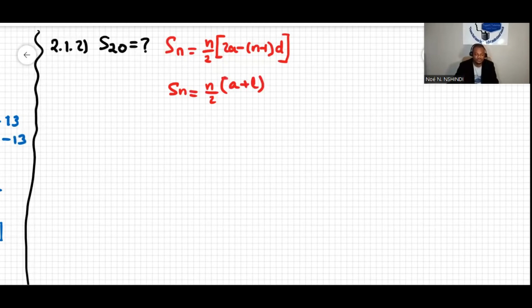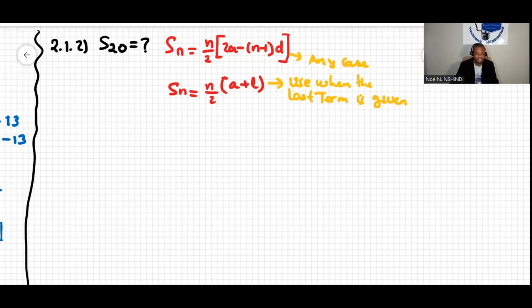Now, what is the difference between the two? This one is useful when the last term is given. But this one can be used in any case.